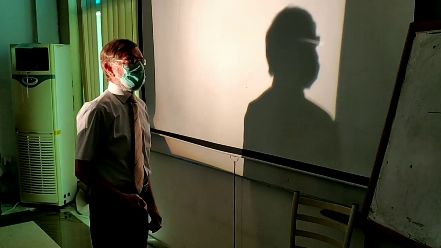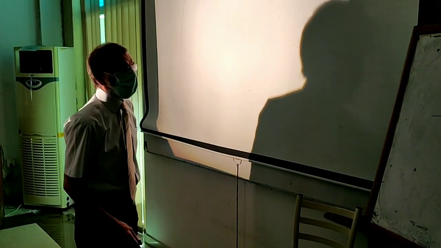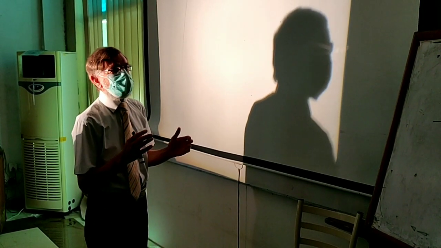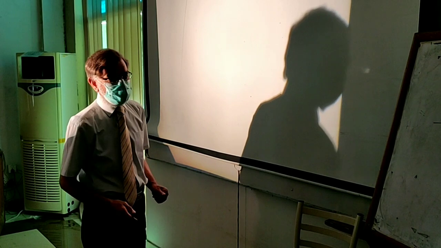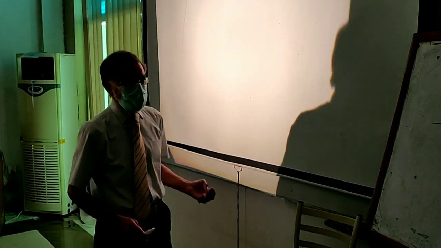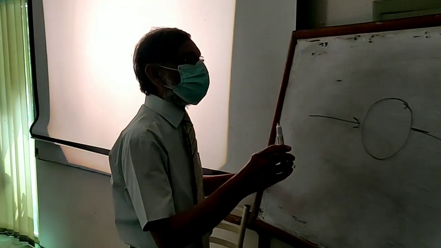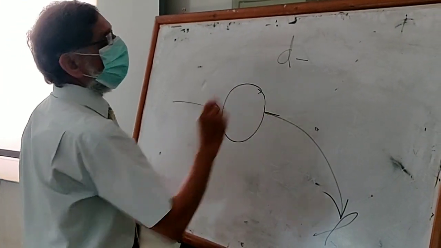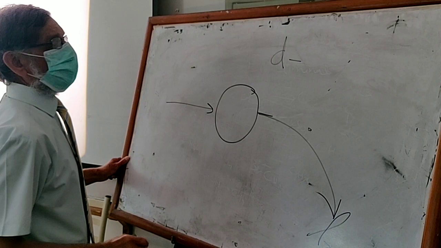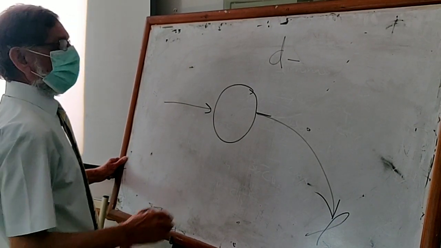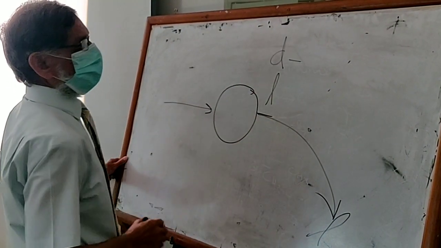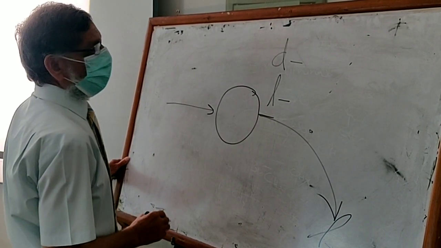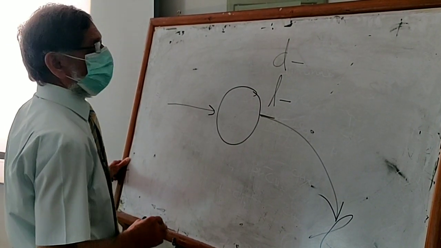It is designated as dextrorotatory, represented by small d with a dash, or levorotatory, represented by small l with a dash, as I just talked about. So I will again let you know how to write dextro, small d with a dash, which is called dextro, and how you represent levo, small l with a dash, which is called a levo compound.